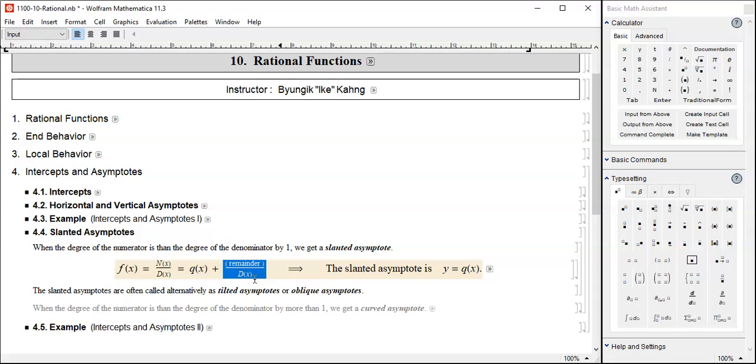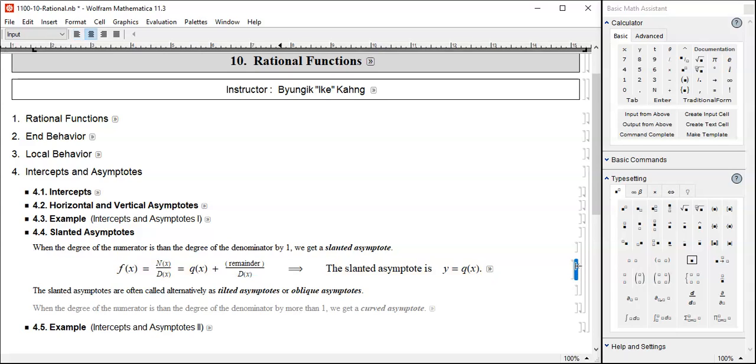So when x is large, this part just drops out, more or less, and this quotient polynomial and this rational function will behave pretty much the same way. Now, the difference of degree is 1, so this quotient has degree 1, so we have a line.